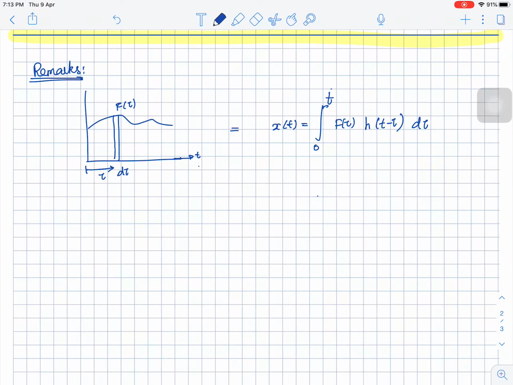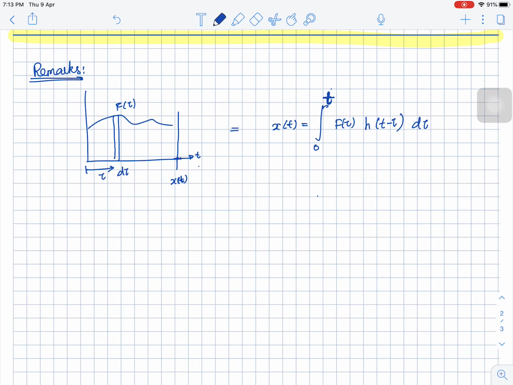This is the response x of t at some t, up to that time.